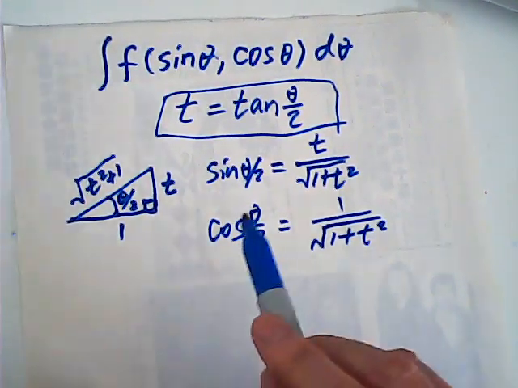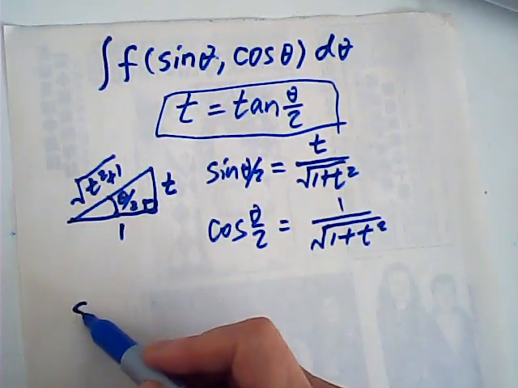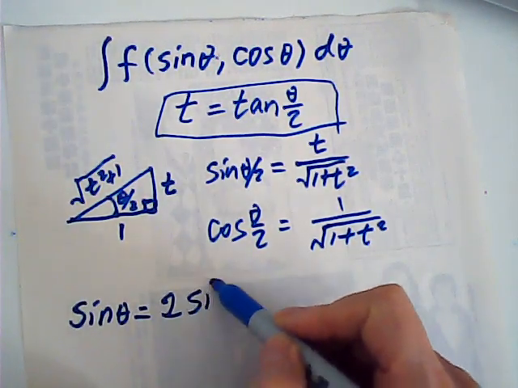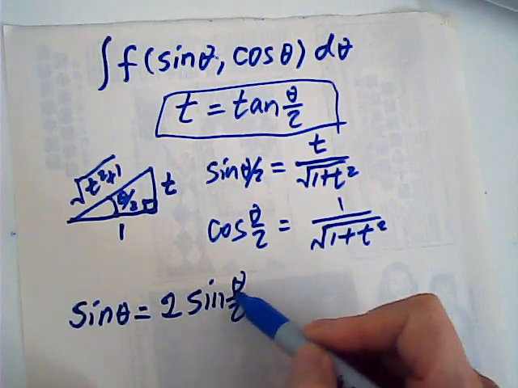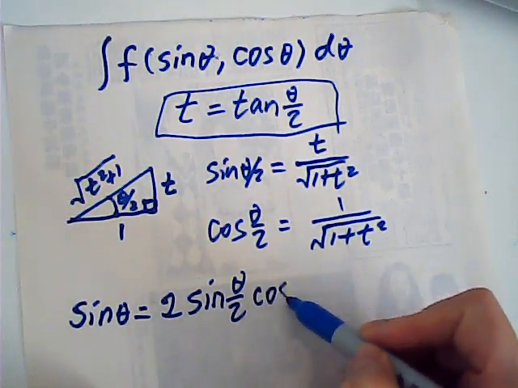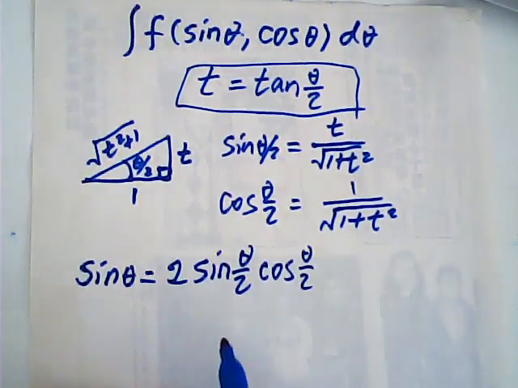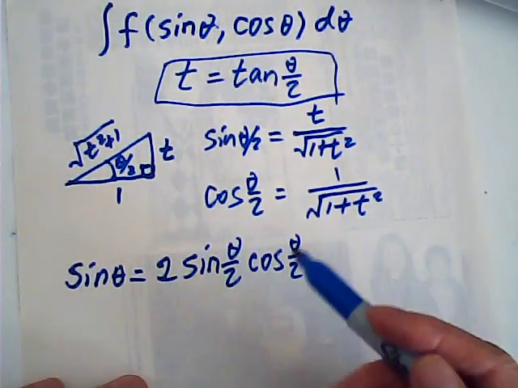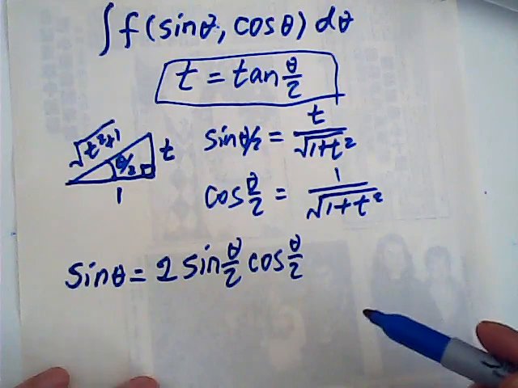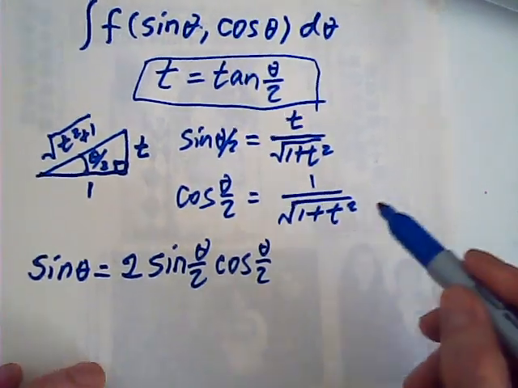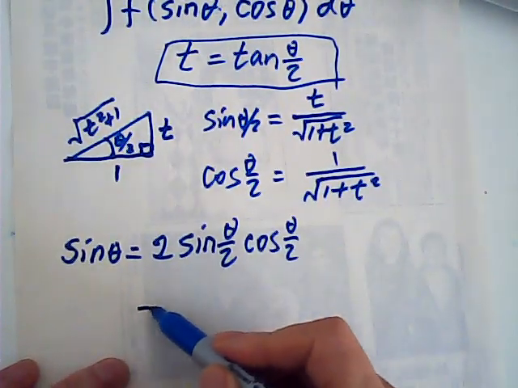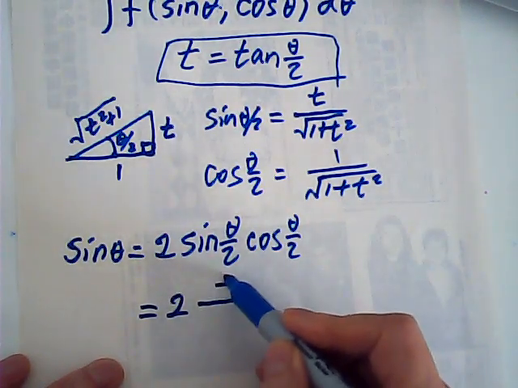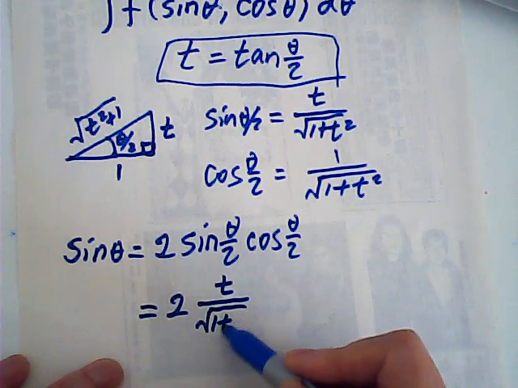Then I want sine theta, right? Sine theta is equal to twice sine half theta cosine half theta. Okay, this formula we use frequently, therefore we remember it well. Then this is equal to 2t over 1 plus t squared.